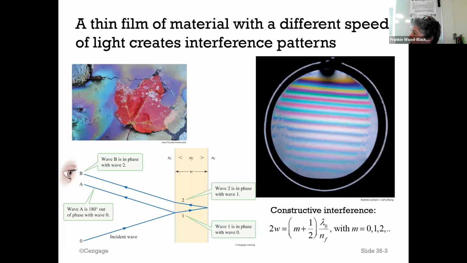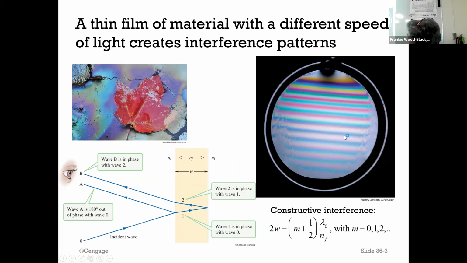If you've ever looked at oil on water, or after a rainstorm you get that greasy layer from the oil that comes out on the roads, this is more of that situation. You're going to get things that are directly out of phase with each other.